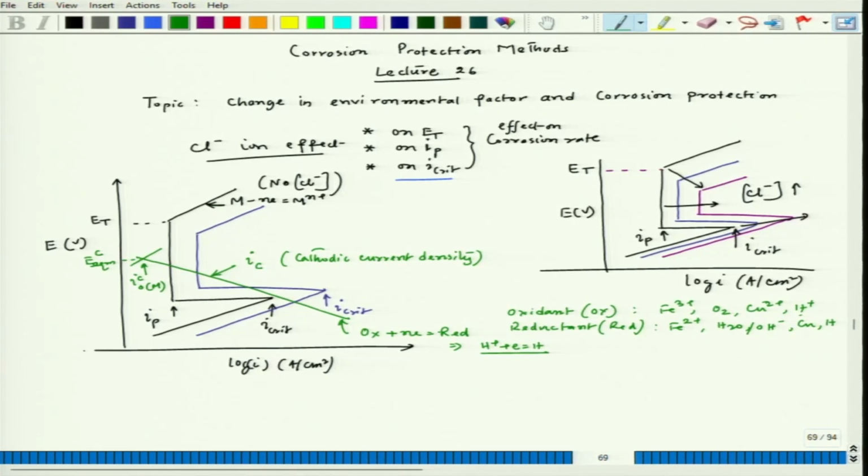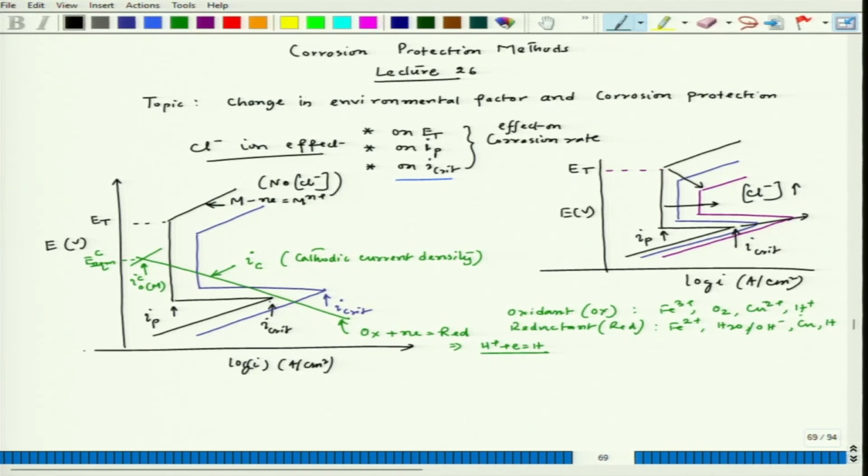Now, since it is only a single reduction and single cathodic process and a single oxidation or single anodic process, we have to see where we find a point where both the anodic and cathodic reaction rates are the same. And in this case, the green line, which is the polarization line for the cathodic reaction or cathodic process, has crossed the I critical.